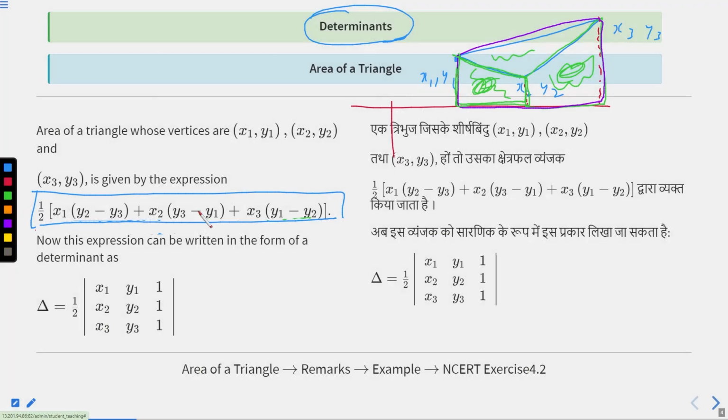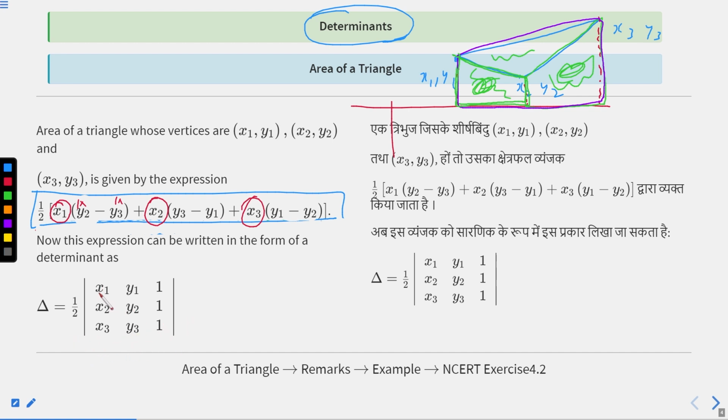Okay, so as you can see, what is happening here? Quite simple. Suppose these are some row or column elements. Now this is just y2, and this can be reduced to 1 multiplied by y2, 1 multiplied by y3. This is a kind of determinant form. So one form is nicely written here.